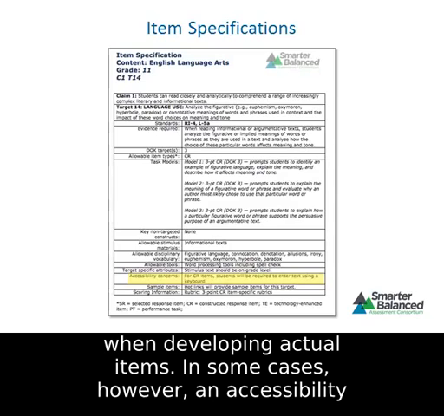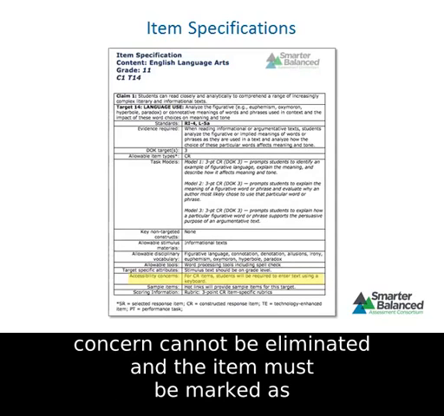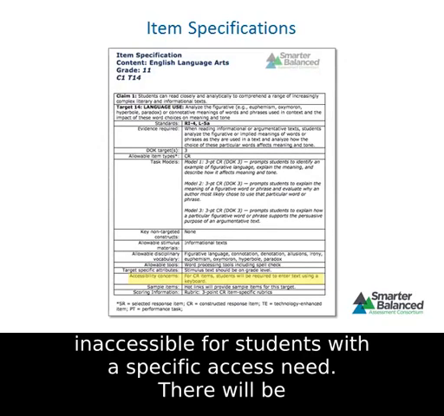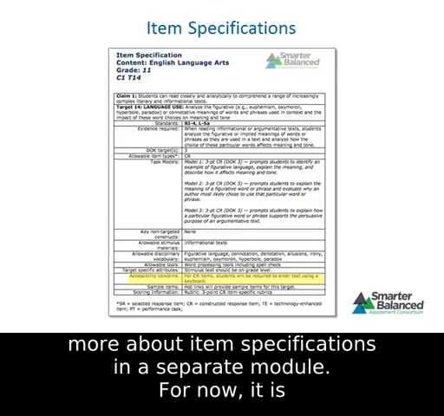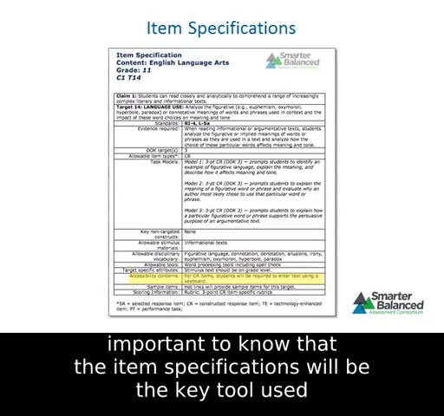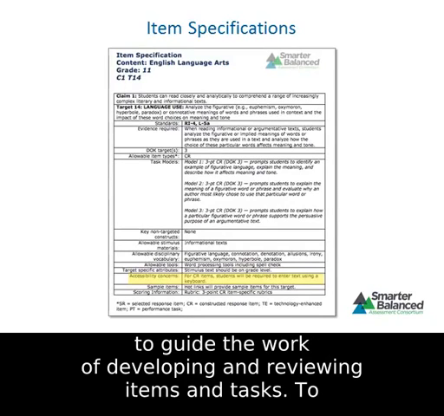In some cases, however, an accessibility concern cannot be eliminated, and the item must be marked as inaccessible for students with a specific access need. There will be more about item specifications in a separate module. For now, it is important to know that the item specifications will be the key tool used to guide the work of developing and reviewing items and tasks.